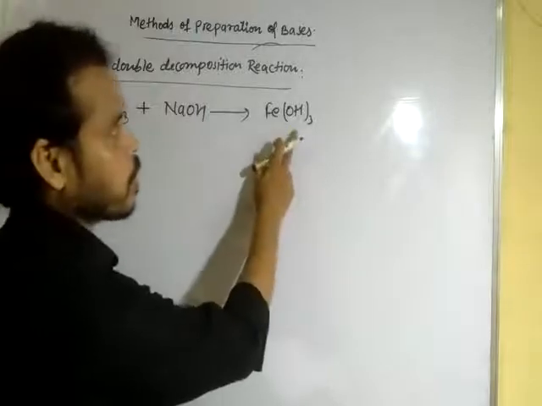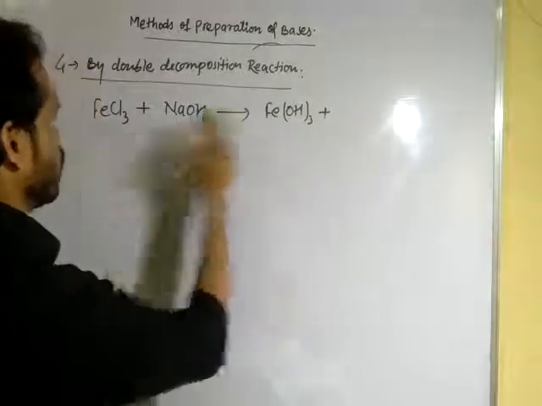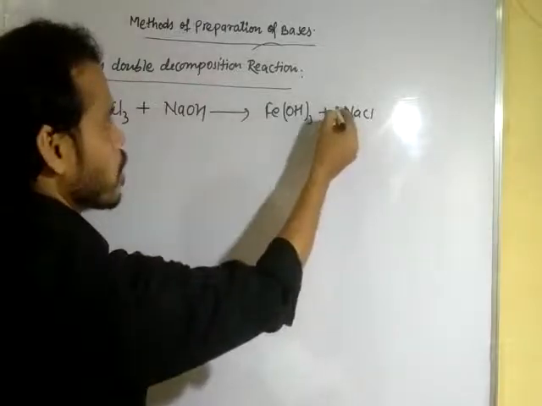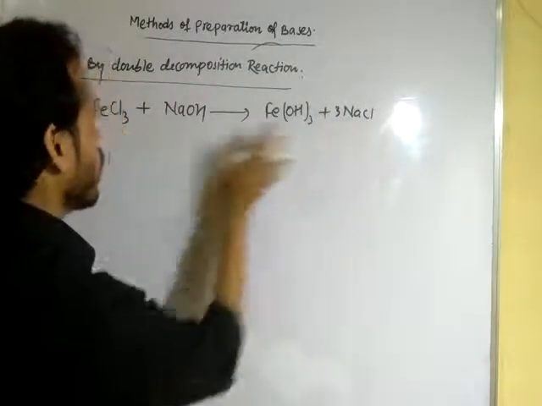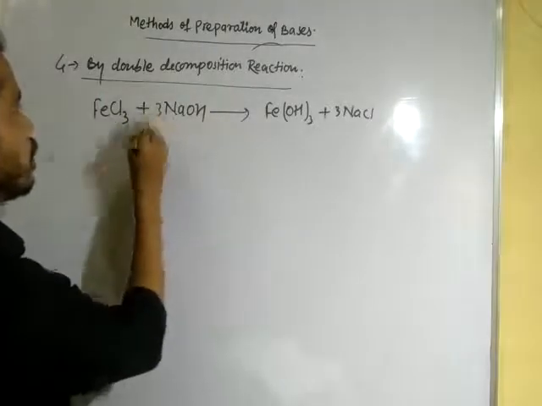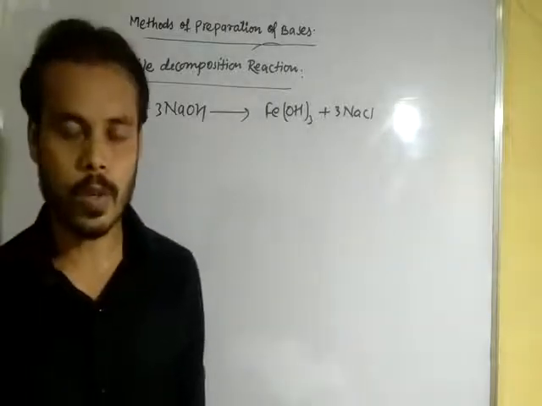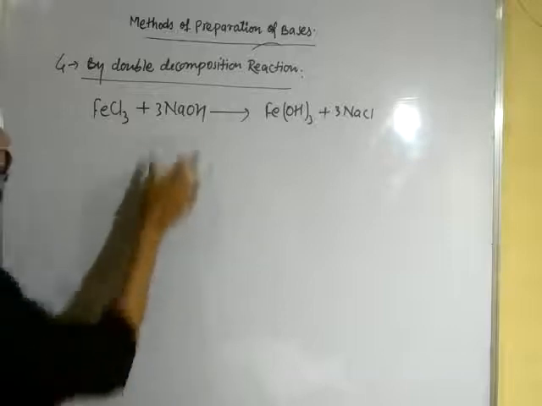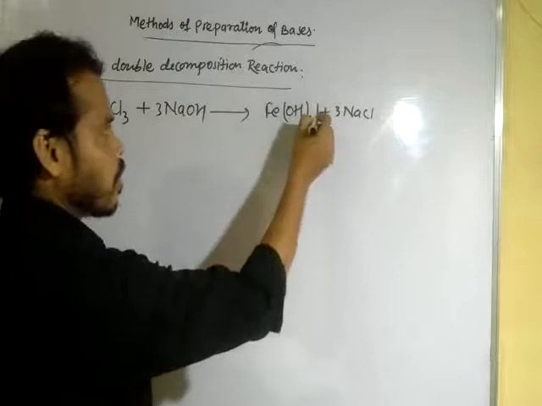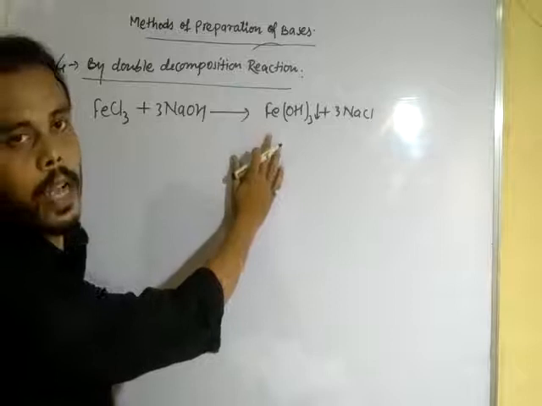The next product is sodium chloride. Here there are 3 chlorine, so multiply sodium chloride with 3, and here 3 oxygen, so multiply with 3. This reaction is balanced. So when a base reacts with ferric chloride, it forms a precipitate of ferric hydroxide. This is another type of base because it is a metallic hydroxide.